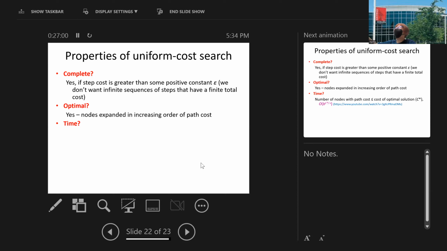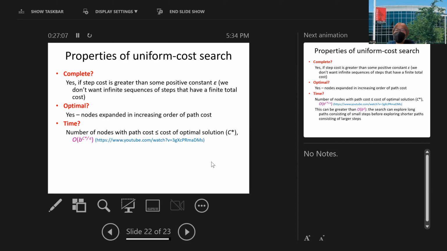The time complexity is b to the C over epsilon, where C is the cost of the optimal solution and epsilon is some step cost. And the space is also b to the C over epsilon.